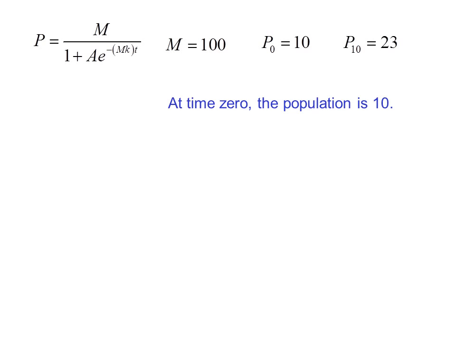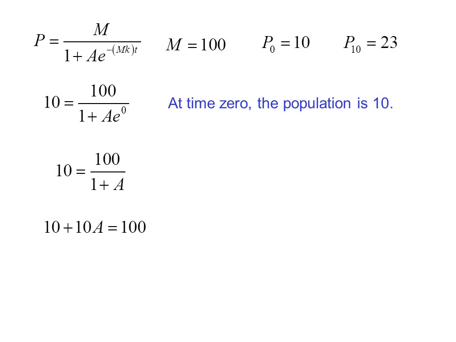At time 0, the population is 10. So when we set up our equation, we've got 10 equals 100 over 1 plus A e to the 0. e to the 0 is, of course, 1. That gives us 10 equals 100 over 1 plus A, or 10 plus 10A equals 100. 10A equals 90.